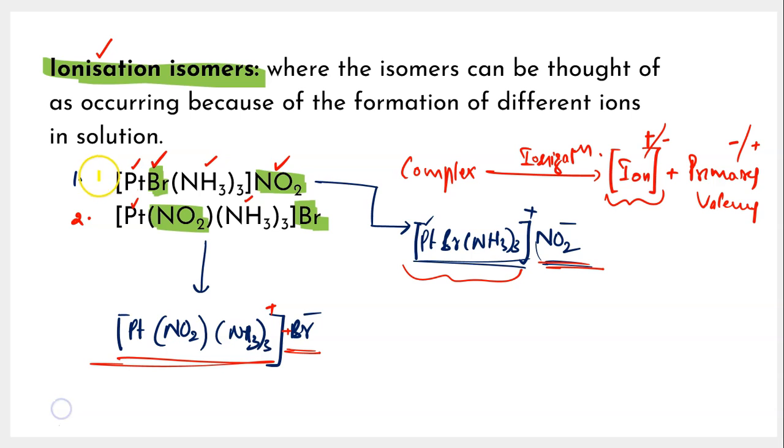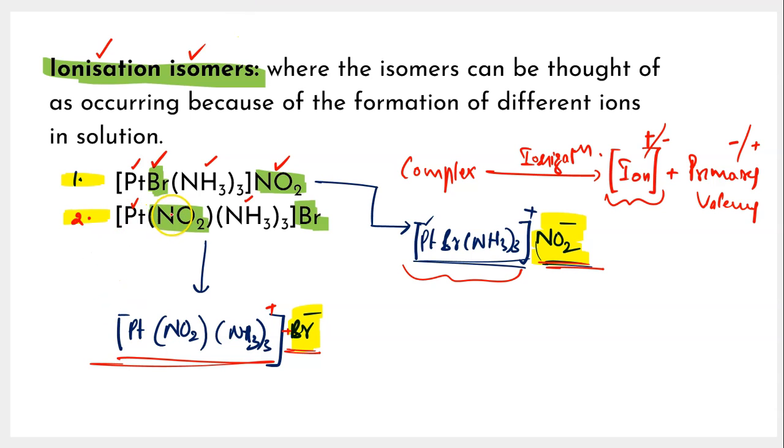In the first case, when we ionized the complex, I had nitrite ion produced, NO2 minus, and in the second case when I have done this, I have a bromide ion produced, Br minus. So the ions that are produced are different due to the difference in the position of these two groups. So now these two structures that you see here, structure number 1 and structure number 2, are considered as ionization isomers.